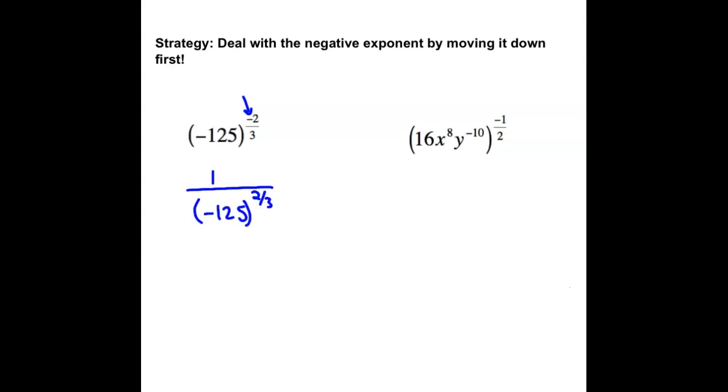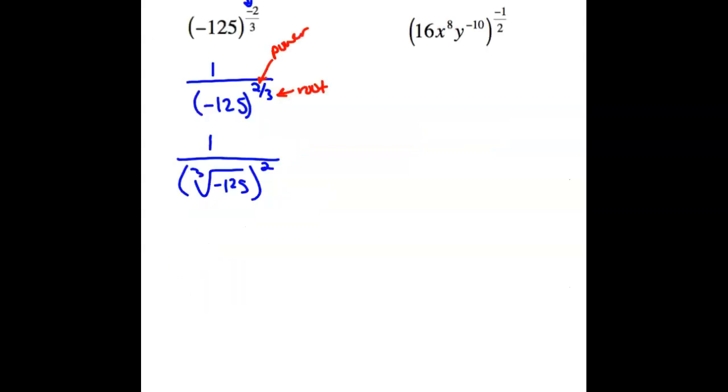Okay, so remember, when we have a fraction power, the top number is our power, and the bottom number is our root. So this says we're taking the cube root of negative 125, and then we're going to turn around and square it. Well, the cube root of negative 125 is negative 5. When we square that, we get 25. So our answer is 1/25.